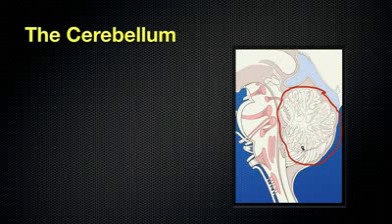Okay, so this is just looking at a section of the brain, the section showing the cerebellum. And just to let you know, if you want to revisit what I've already said about the cerebellum, you can go to episode 26. In episode 26, I talk about the functions of the cerebellum, and I go into a little bit of detail. What we're going to do is build on what we spoke about in that episode and talk a little more about the anatomy and the functions of the cerebellum.